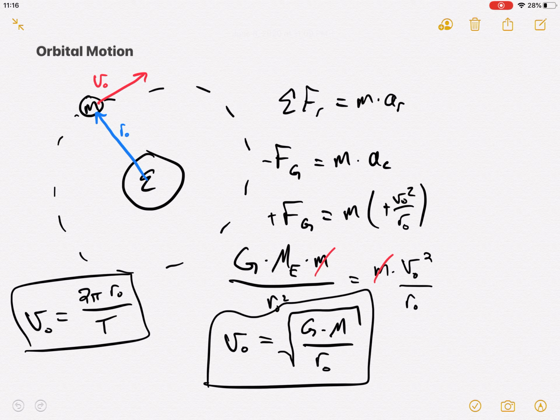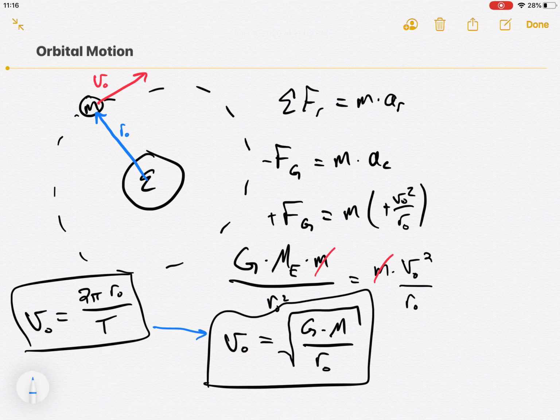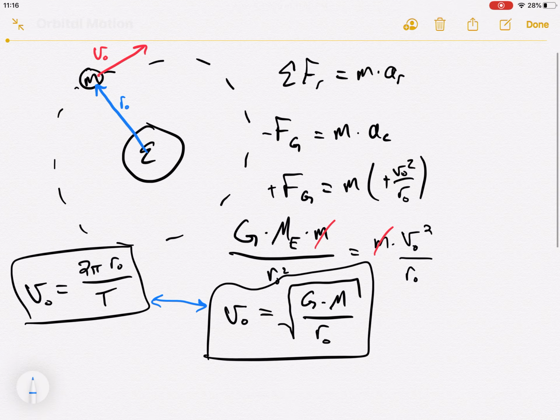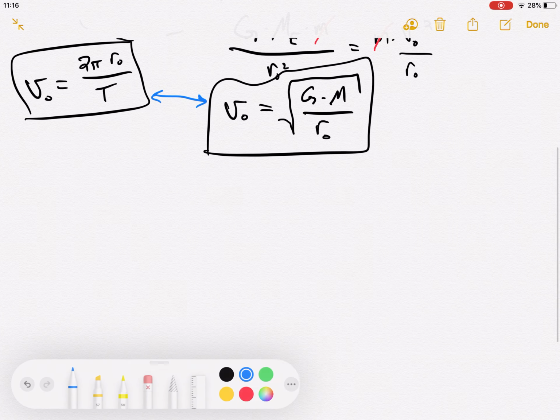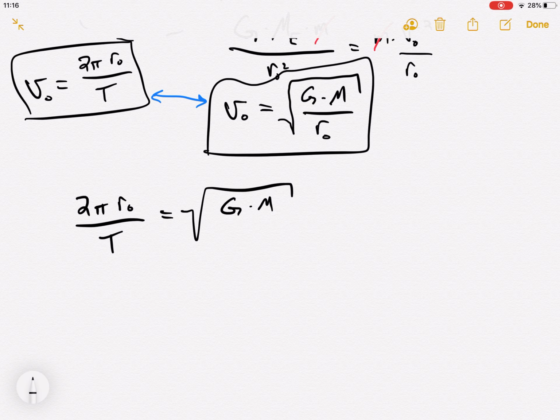So I could take these two equations that I have right here. I could plug one into the other. Really, I could set them equal to each other, right? And you say, yeah, I mean, I guess you could. You could do all sorts of things. Let's go ahead and do it. So 2 pi times the orbital radius divided by an orbital period equals the square root of G times M over the orbital radius.